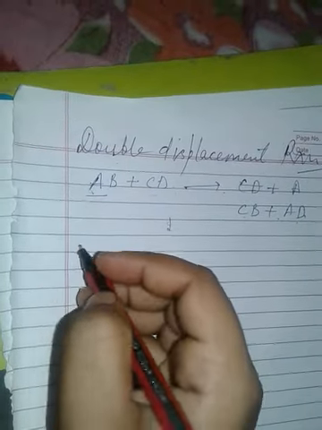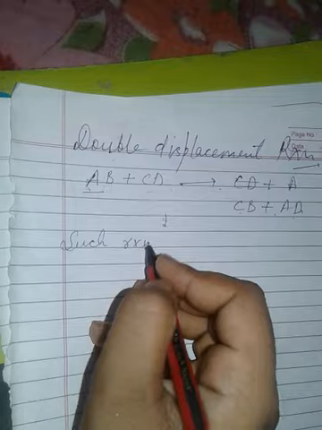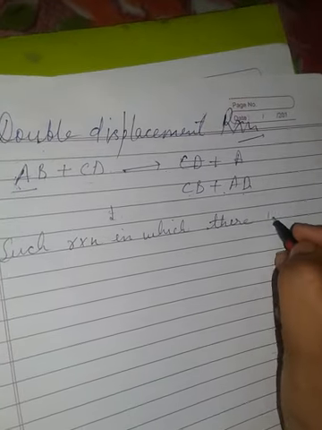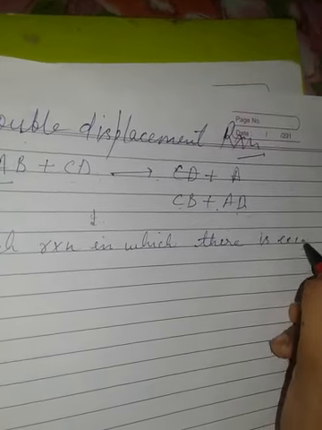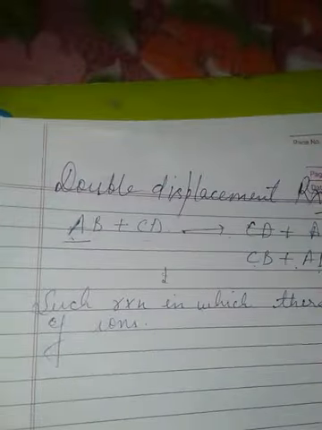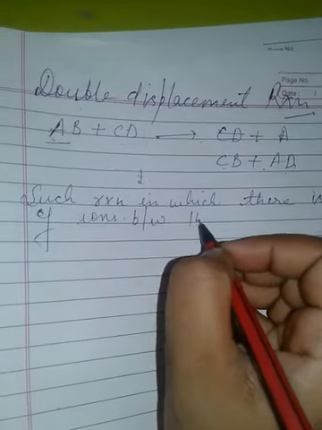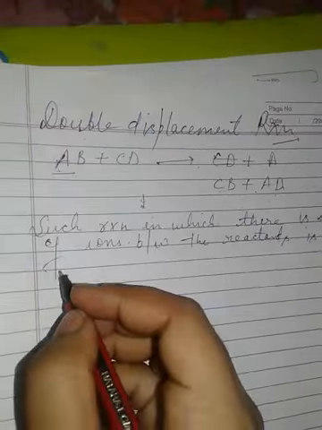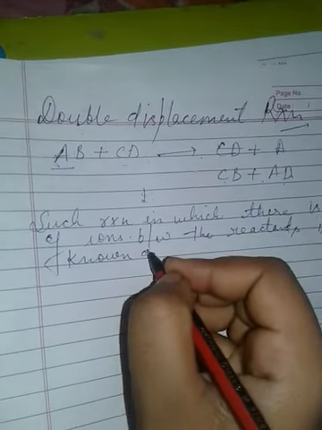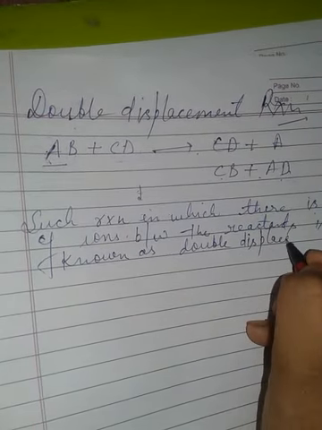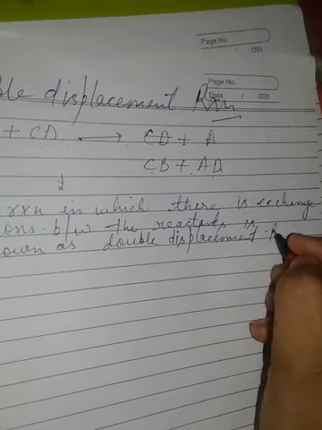Such reactions in which there is an exchange of ions between the reactants are known as double displacement reactions.